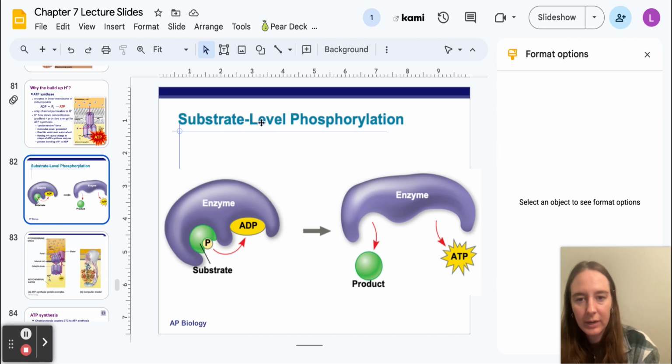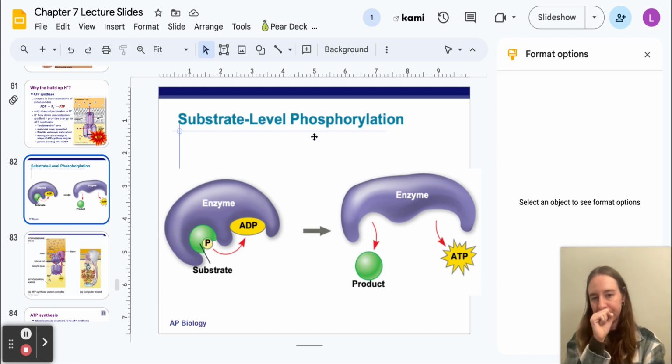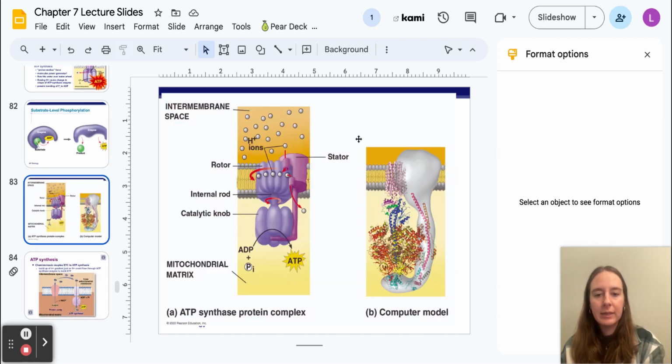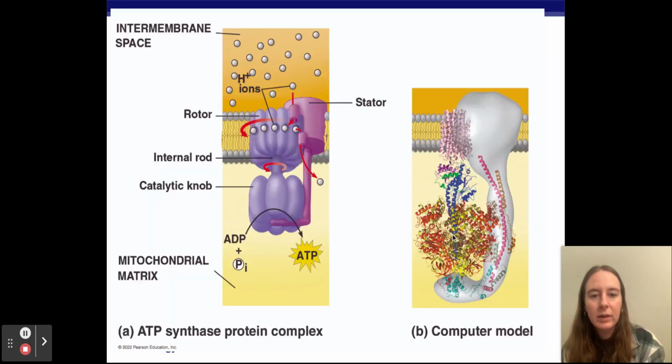So substrate level phosphorylation is when ATP is made using an enzyme, whereas oxidative phosphorylation uses ATP synthase, spinning and allowing hydrogen ions to flow down, producing ATP.